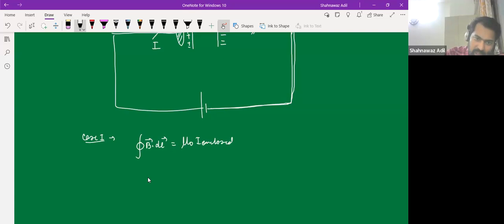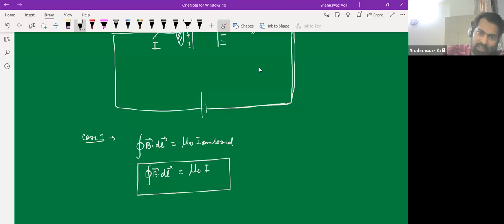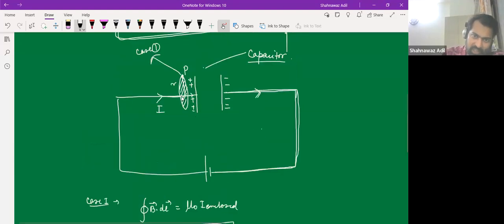So this would be B dot dl, and this is mu naught I, because there is a current which is passing through this surface. Is this clear?